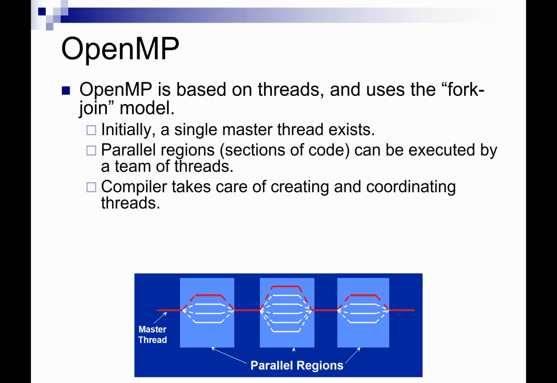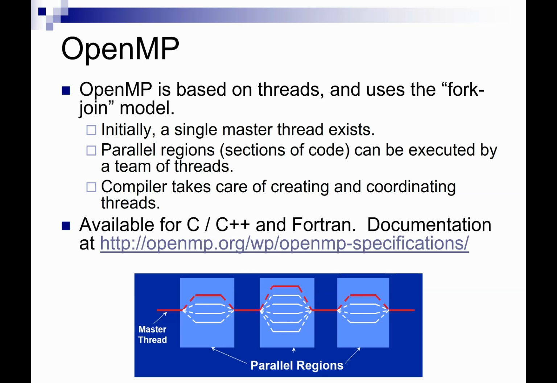It's going to create the threads at the beginning of the parallel region, and at the end, it's going to destroy the threads. So the programmer doesn't need to worry about that. We're going to go through some of the main features of OpenMP, but if you want more details, you can go to this website.